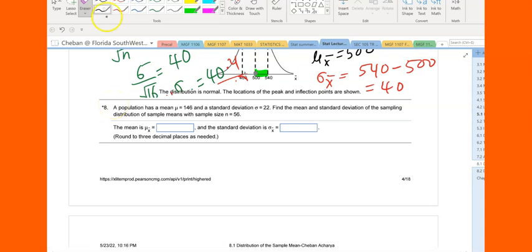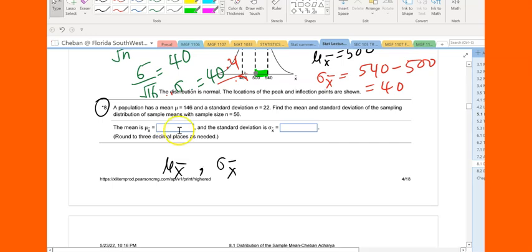Question number 8. Here basically use the sigma x bar formula and mu x bar formula. Use this formula, and here listen, sample size equals 56, which is greater than 30.